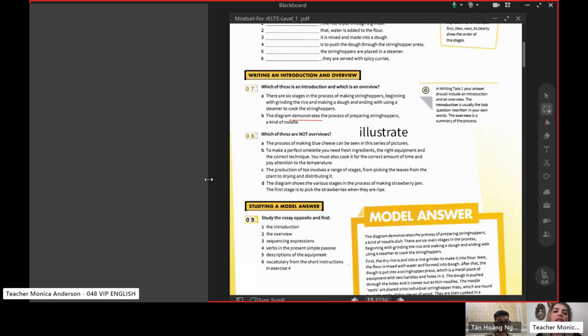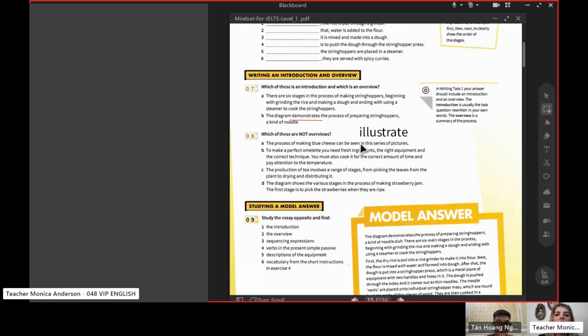Okay, why is it an overview? Let me say something about an overview. Of course, we have different overviews for different types of diagrams. Here we have a process. You can change it to another form if you see the process.